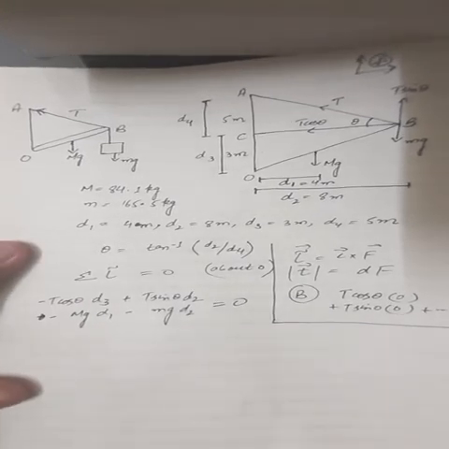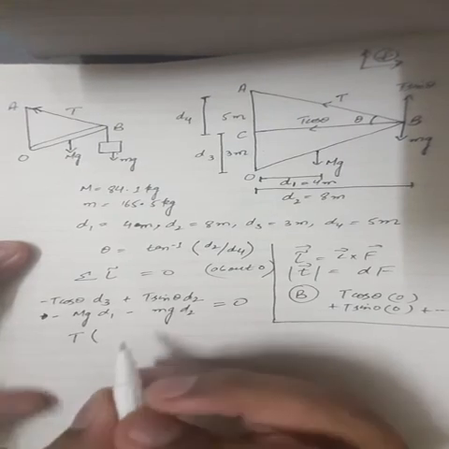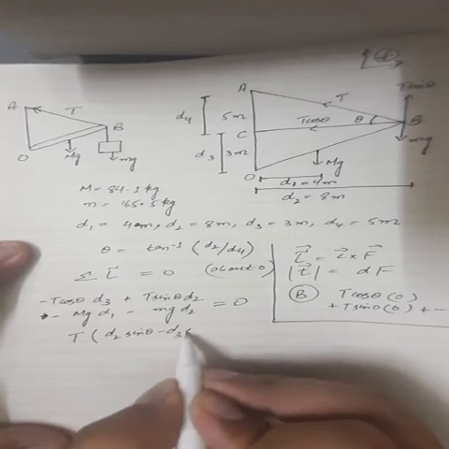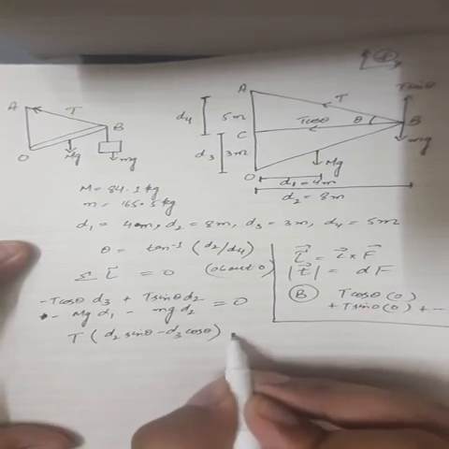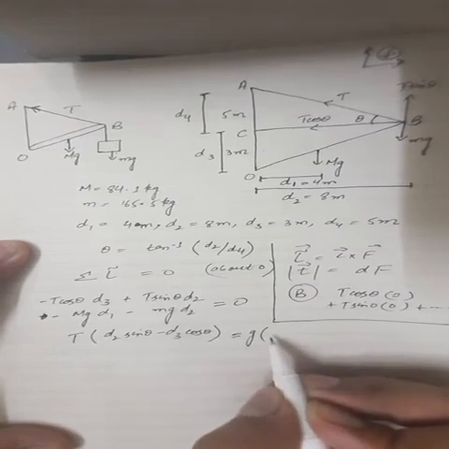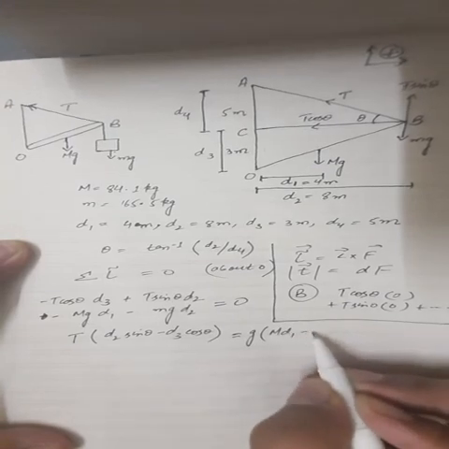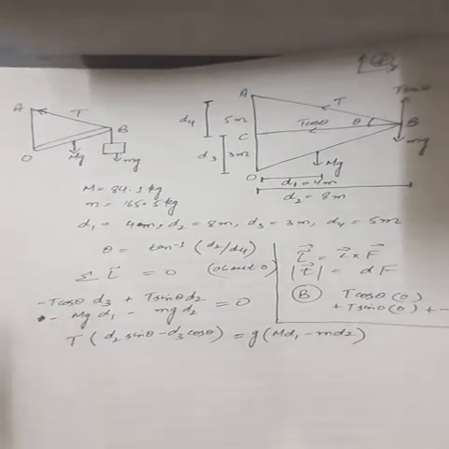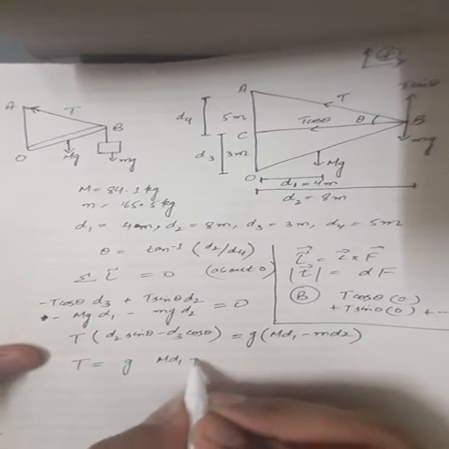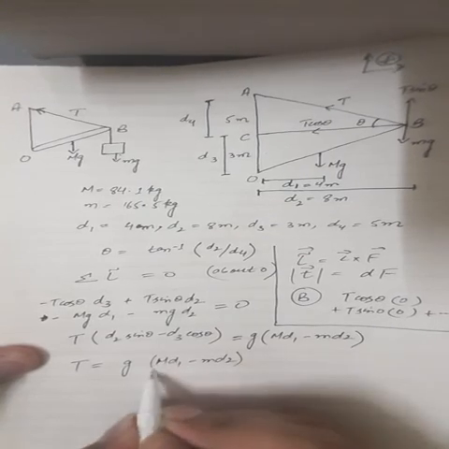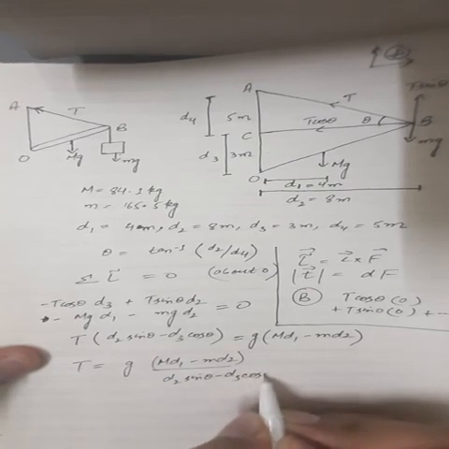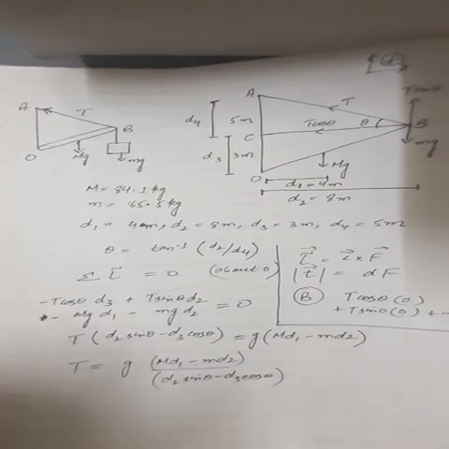Now we have to solve this equation. Let's take T common, and you are left with d2 sine theta minus d3 cos theta is equal to, let's take g common, Md1 minus md2, and tension is simply g times (Md1 minus md2) over (d2 sine of theta minus d3 cos of theta).